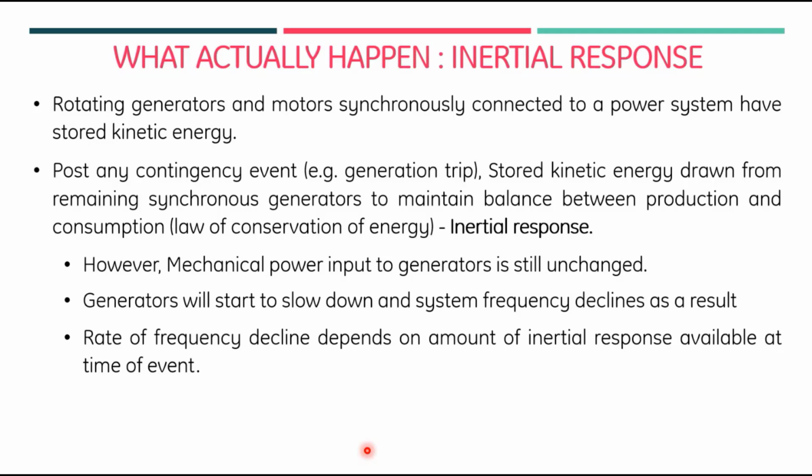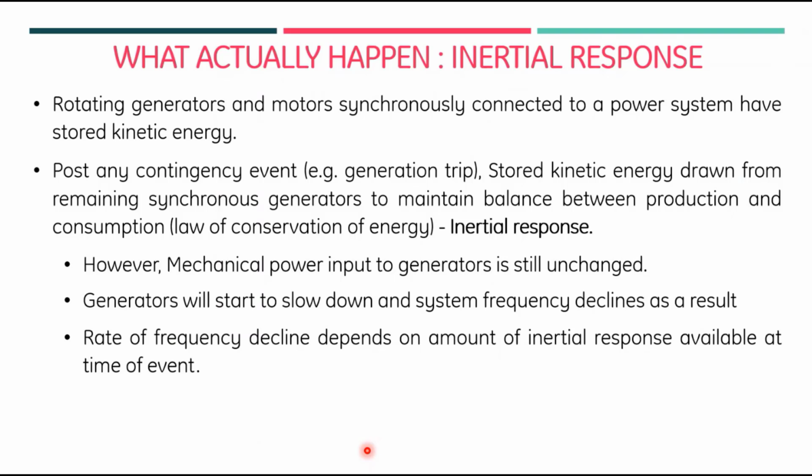You are consuming this much mechanical energy, and if there is no requirement of energy on the electrical side, then how much time it takes to extract it basically decides the inertia, and we represent that in seconds. So you take the stored kinetic energy and the rated machine power, and the time for which the machine can utilize its kinetic energy alone to produce the rated power of that particular generator is what we assume as the inertia constant for that machine.